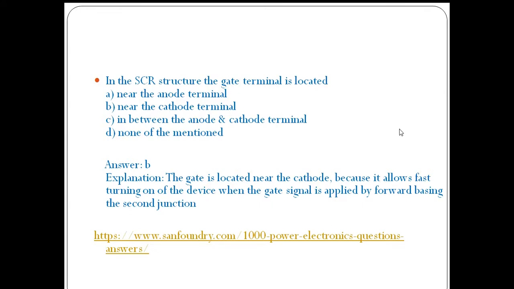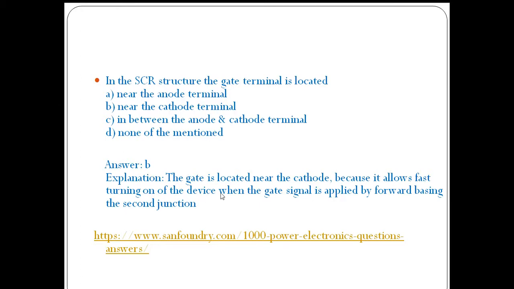Here we have the cathode terminal, and beside that we have the gate terminal. So the answer is B, nearer to cathode terminal. In the structure, the gate terminal will be located nearer to the cathode terminal.